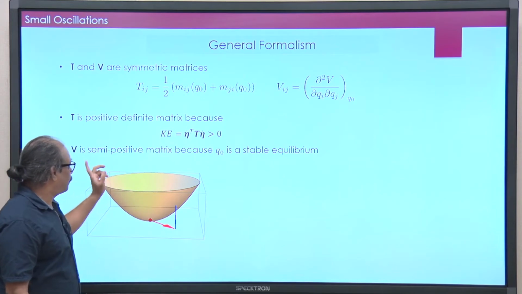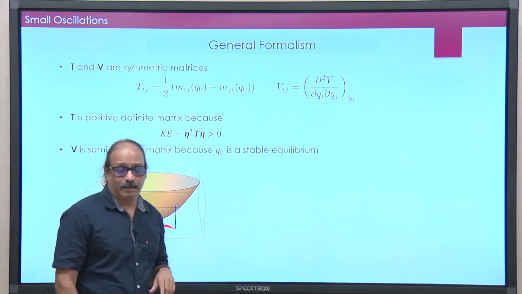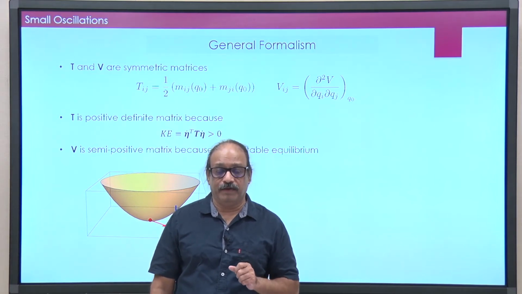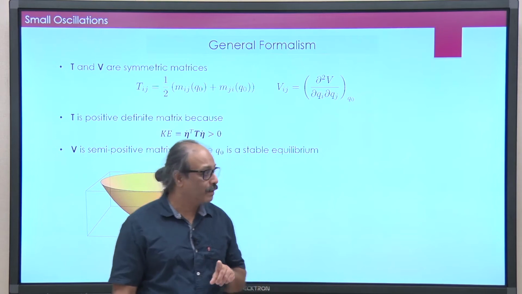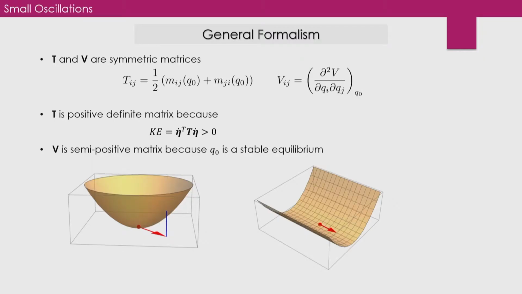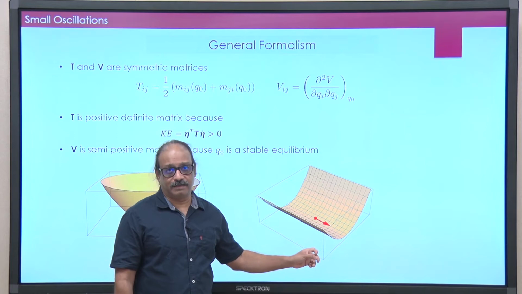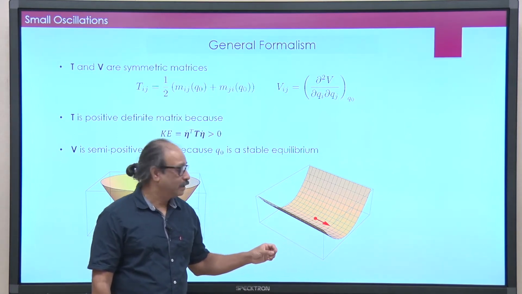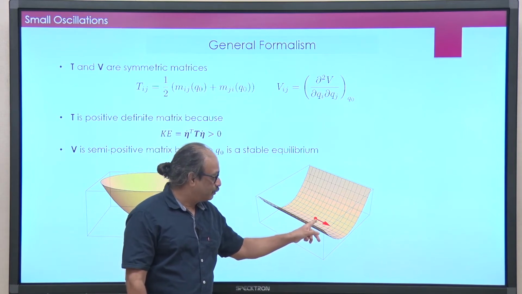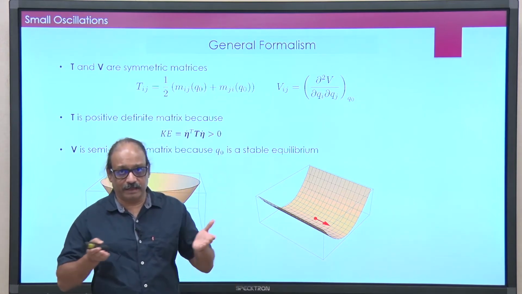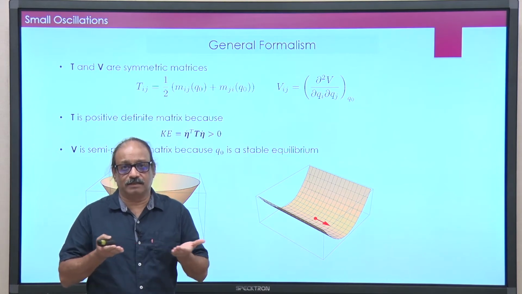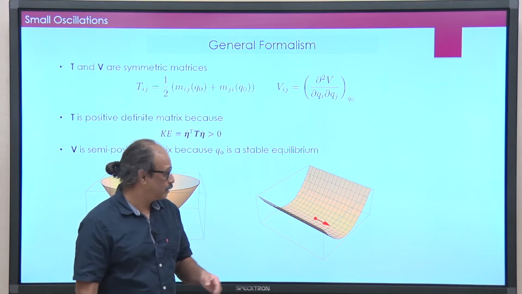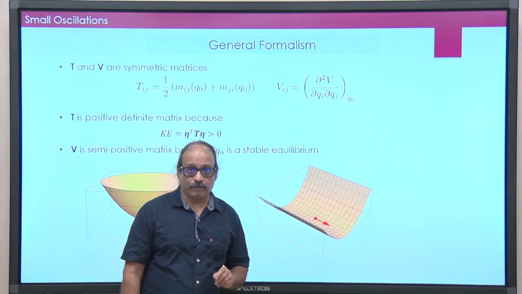So, what will happen is that V is also a positive definite matrix, but wait, we also have another category of potentials like this. Potentials like this, of course, we will call neutral equilibrium or indifferent equilibrium and so on. But here you can see that if you travel along one direction the potential actually just does not change. So, the second derivative of the potential in this direction is also 0.